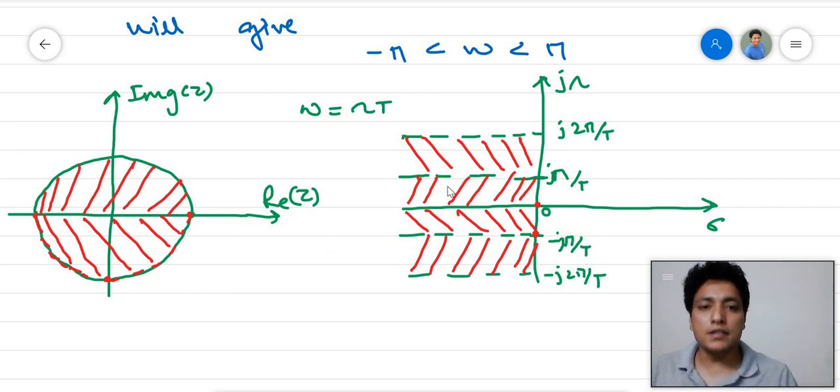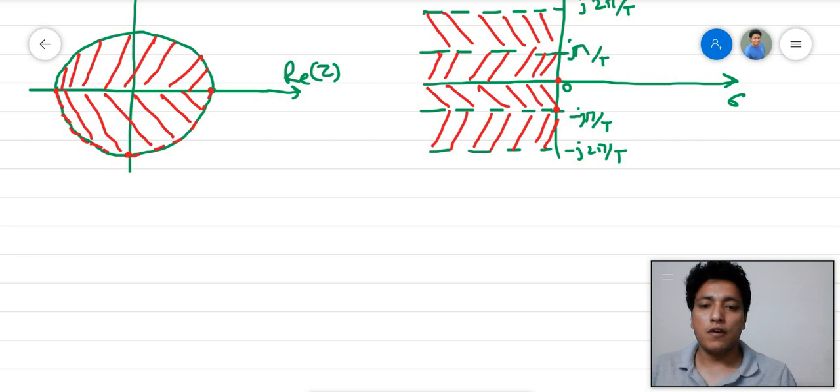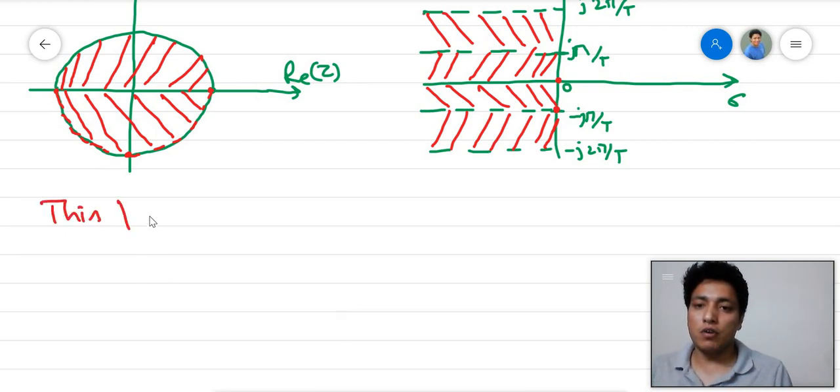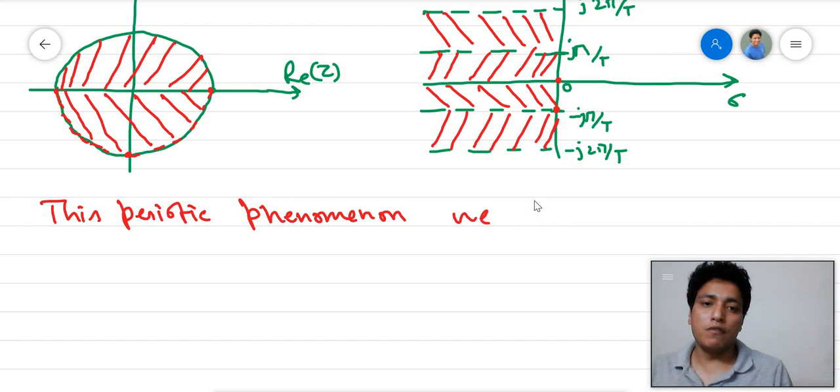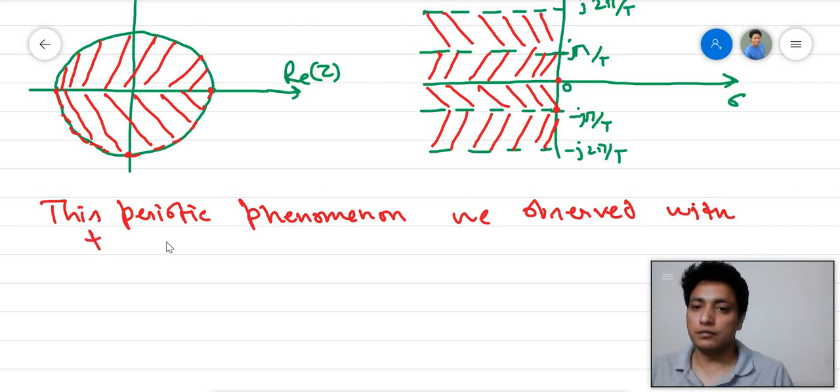And now as the frequency increases, this follows a periodic phenomenon which we have already seen. This periodic phenomenon we have observed with the sampling process.